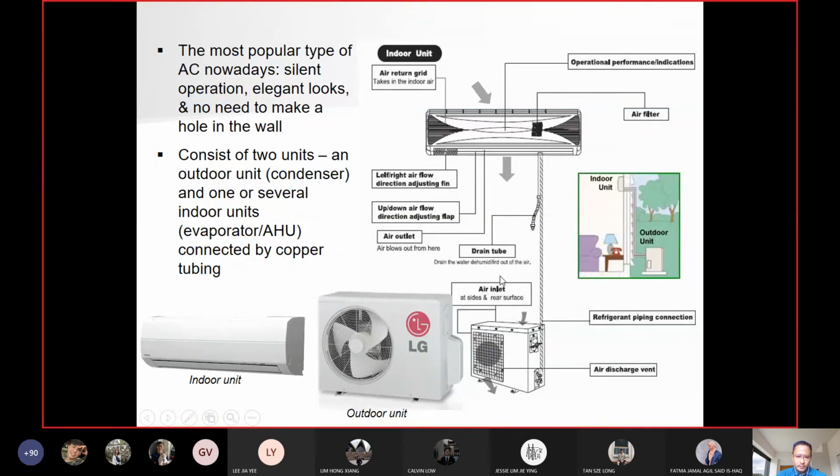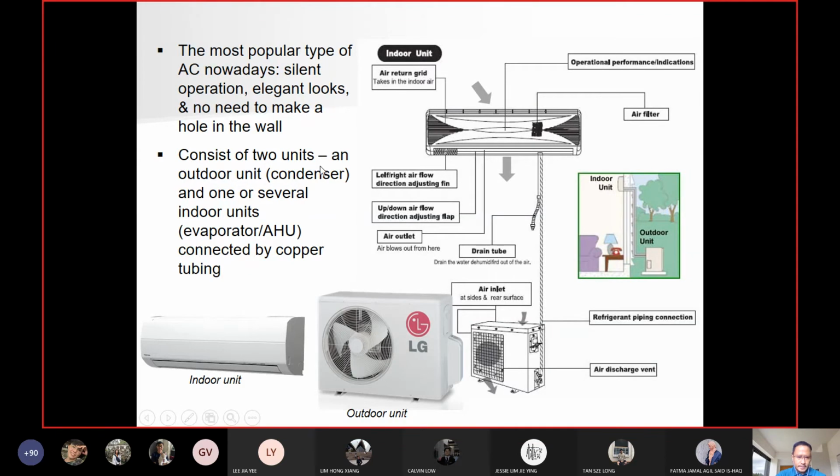And you don't have to make a big hole in the wall. Compared to the window air conditioning system, where you need to make a hole or sacrifice a window, for this split unit you only need to make a hole a few inches wide in the wall just to pass through the pipes, and that's it. You can connect the indoor and the outdoor unit.